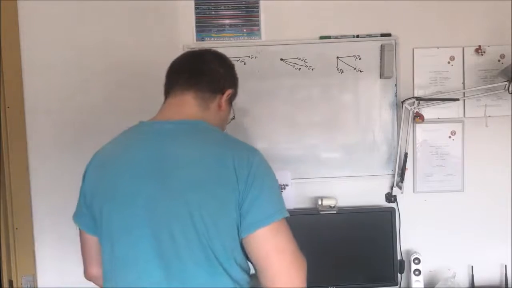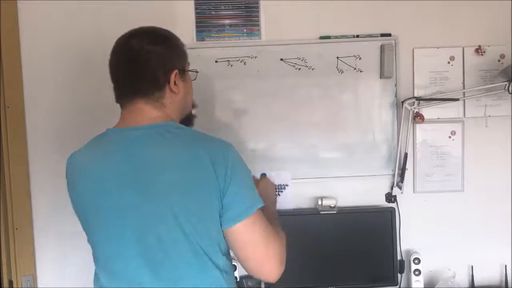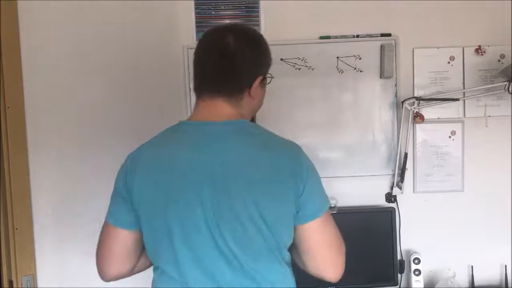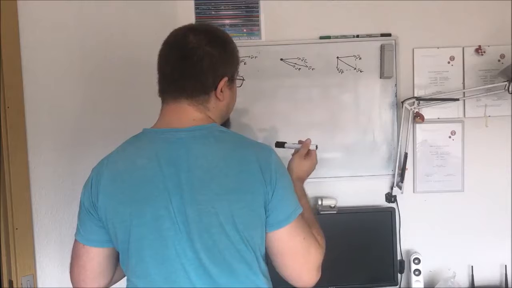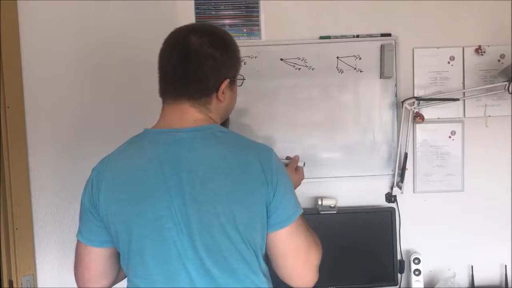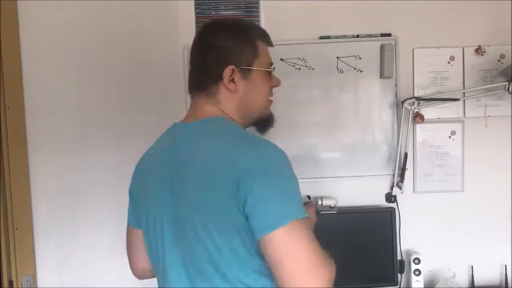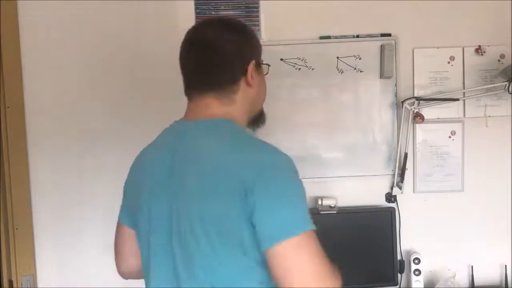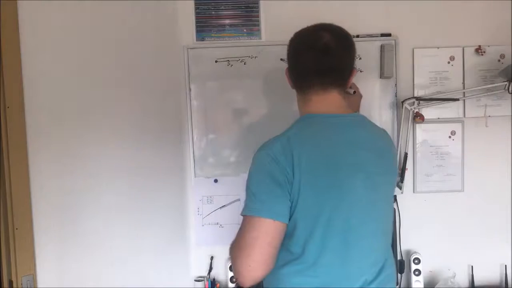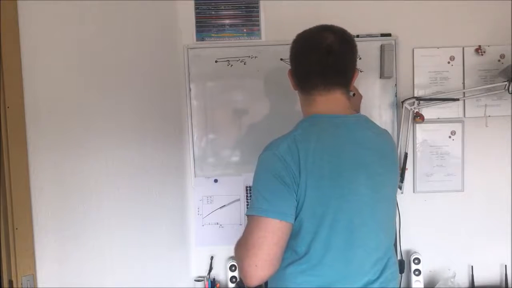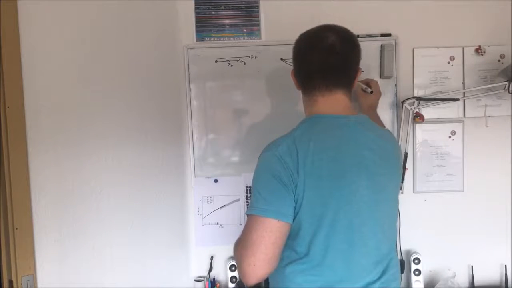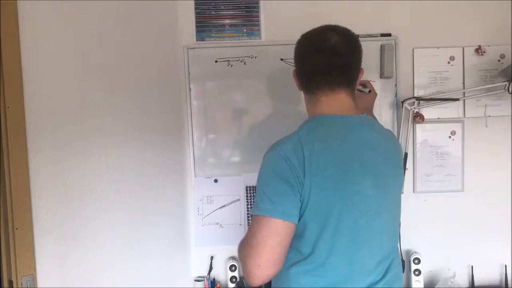The first is that when you have a case like this, when you have 2 vectors that are perpendicular to each other, you can invoke the vector version of Pythagoras. So in this case we would have V total equal to the square root of Vp squared plus Ve squared.